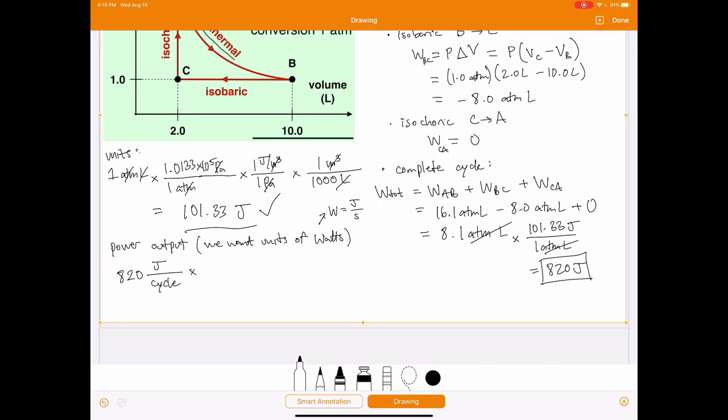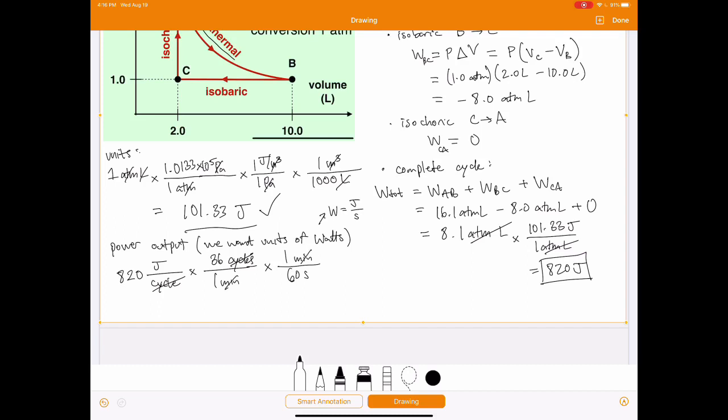But if we multiply that by 36 cycles per minute, which is what we were given in the problem, we'll notice that cycles cancels out both here and here. Okay, so now the units we have are joules per minute. That's pretty close to what we want. We want joules per second. The only thing we have to do is say that in every 1 minute, there are 60 seconds.